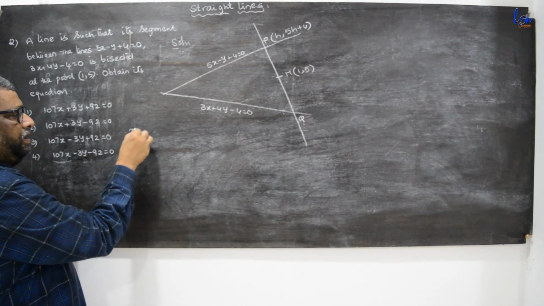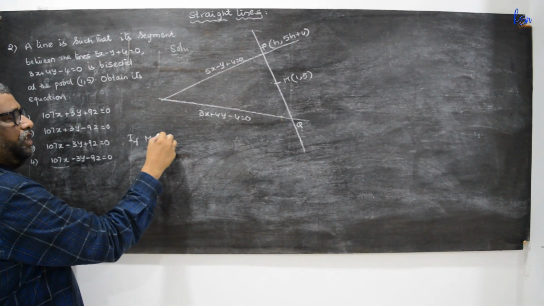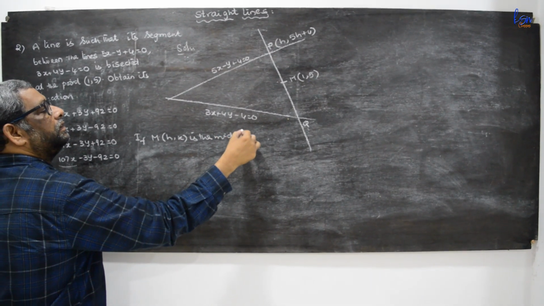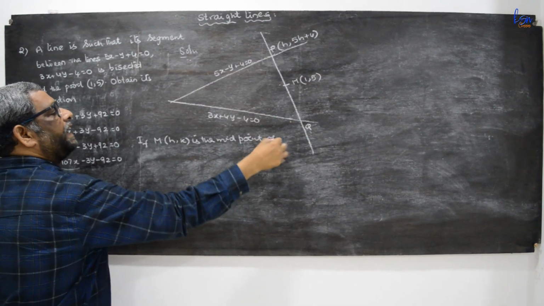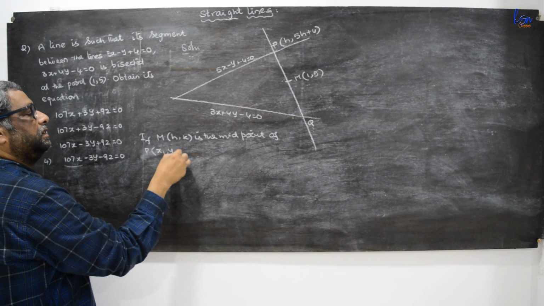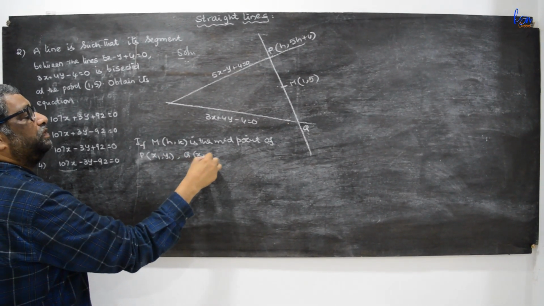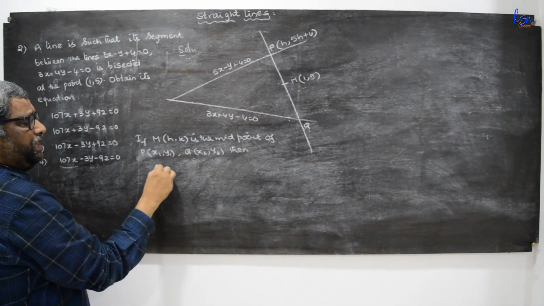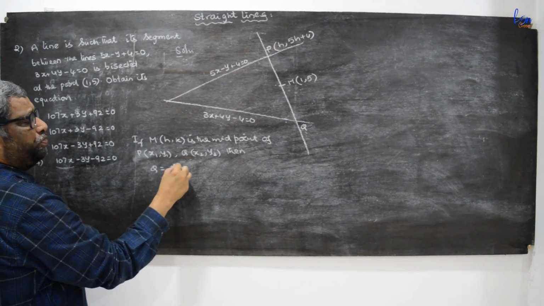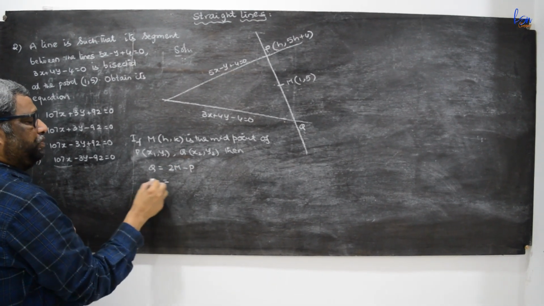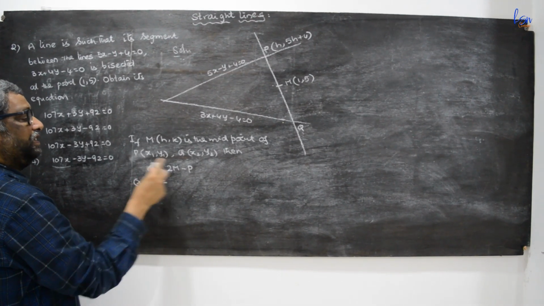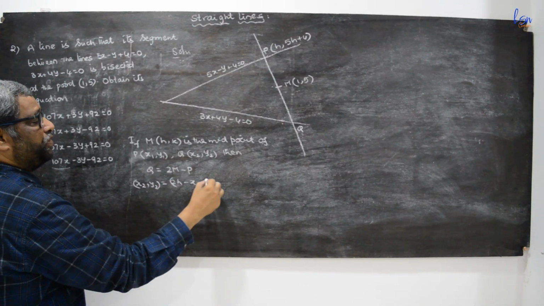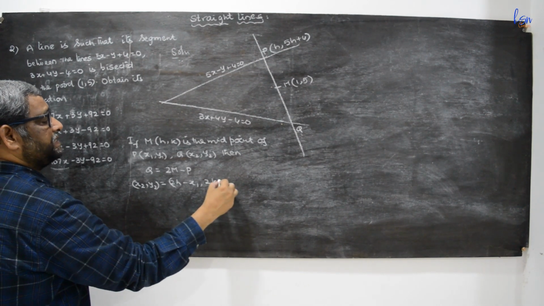If M (h, k) is the midpoint of P (x1, y1) and Q (x2, y2), then Q is equal to 2M minus P, that is (x2, y2) is equal to (2h minus x1, 2k minus y1).